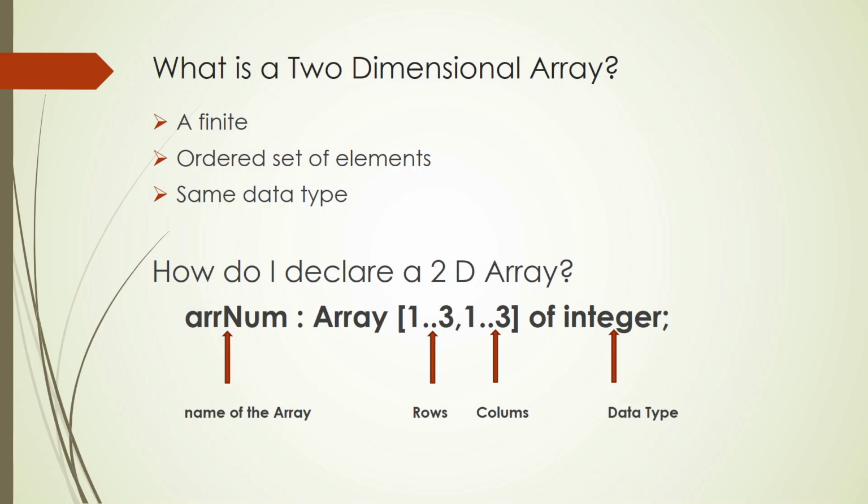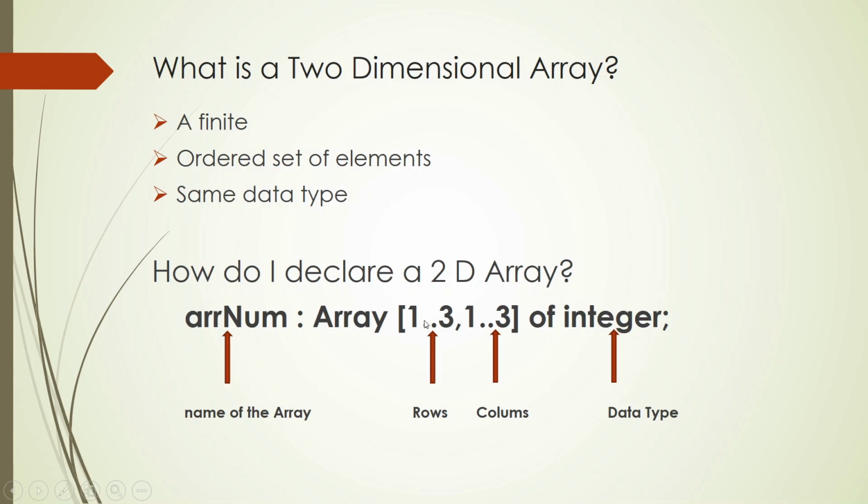How do I declare a two-dimensional array? The name of the array is called ARR_num. It is an array that is storing rows and columns. So the first dimension stipulates the rows.